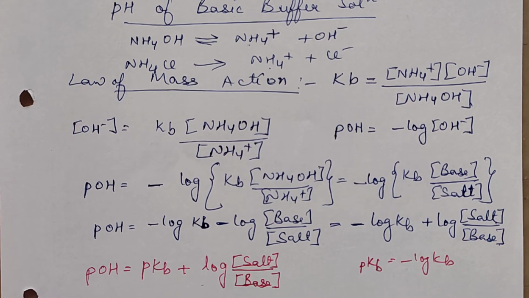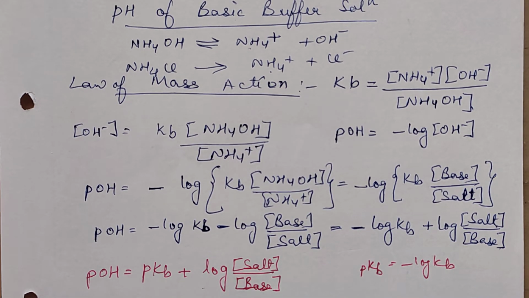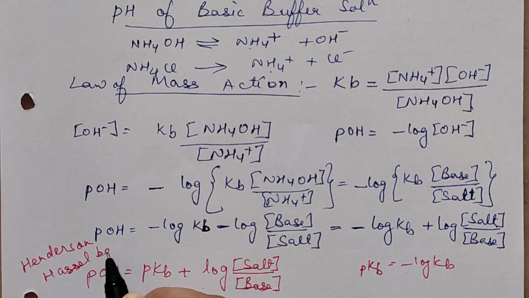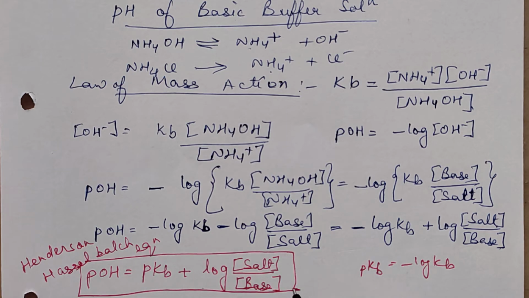Okay, so this is the whole formula which we use for the pH of the basic buffer solution. Now what is this equation called? As I already told you, it is the Henderson-Hasselbalch equation.